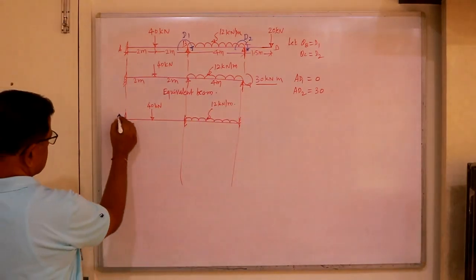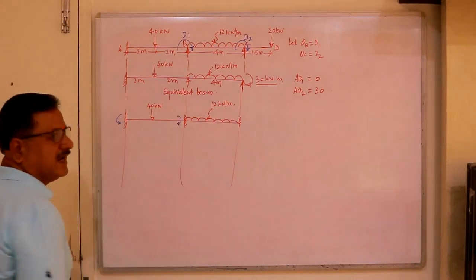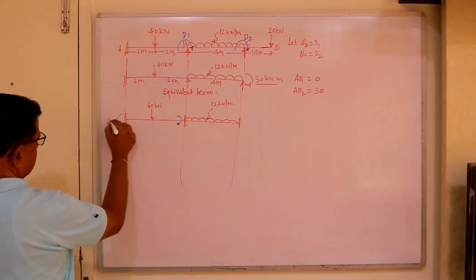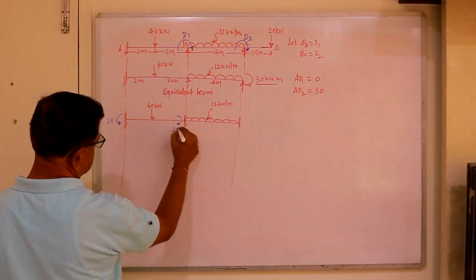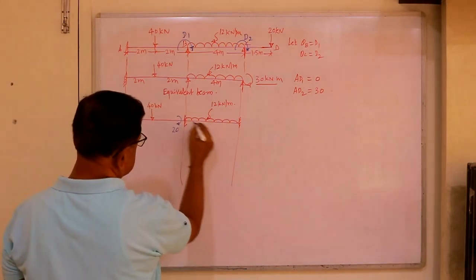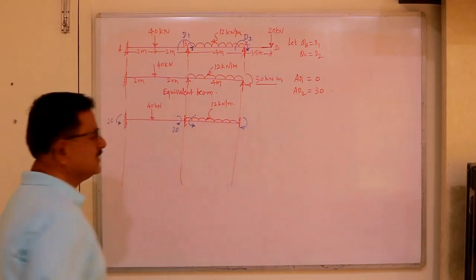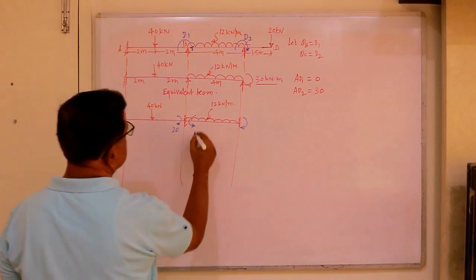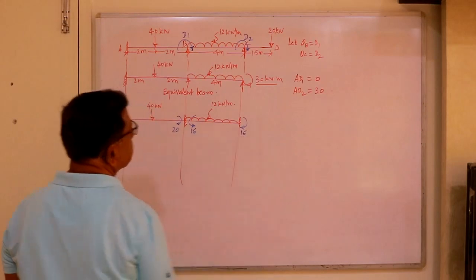Here it is anti-clockwise, here it is clockwise. WL by 8, L is 4, so this will be 20, and this will be 20. Then here, this is anti-clockwise, and this is clockwise. So anti-clockwise WL square by 12, 12 gets cancelled, L square means this is 60, and this is also 60.